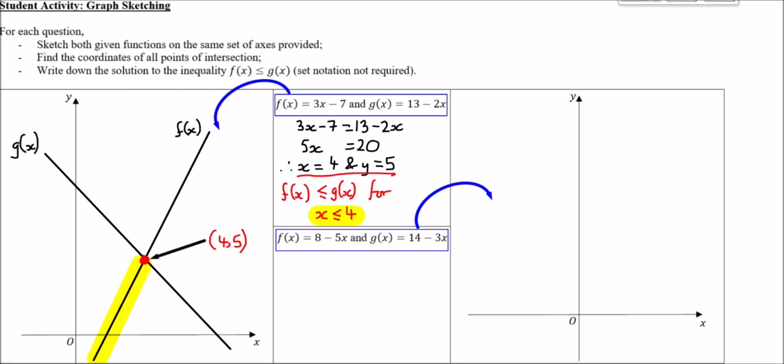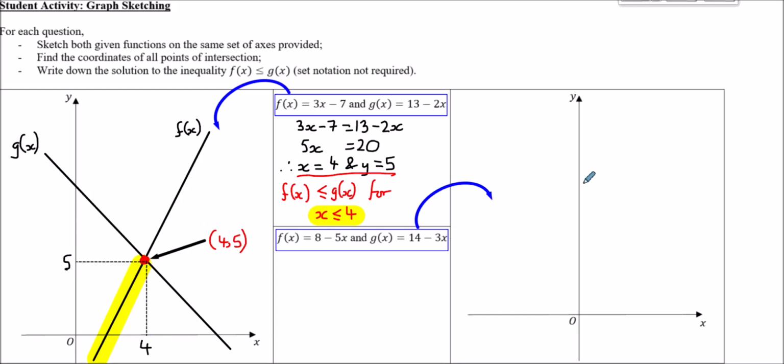So if you want to, not that it's strictly needed, we can label this on like so. So essentially, this down here is where x is 4. So just put that on. Up here, that's where y is 5.